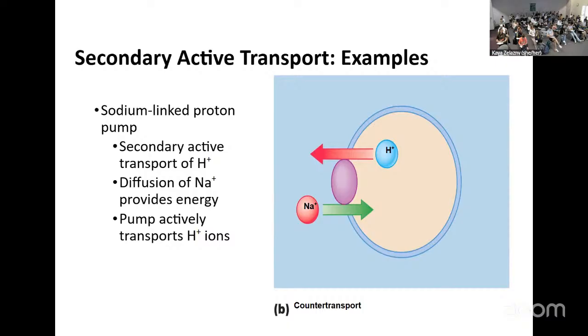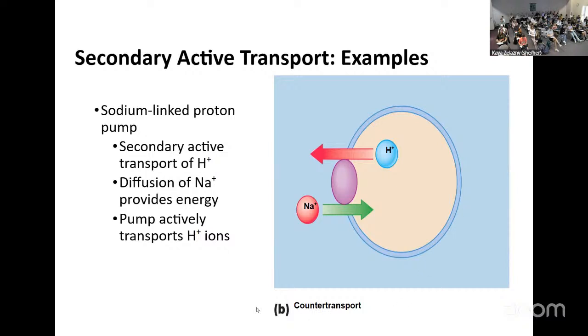Right, so sodium's moving in a good direction, hydrogen's moving in a bad direction, an unfavorable direction, the direction it doesn't want to go. So we know that this is secondary active transport. We have set up a gradient, in this case, again, a sodium gradient, that we can then use to power the movement of hydrogen. So this is a sodium linked proton pump.